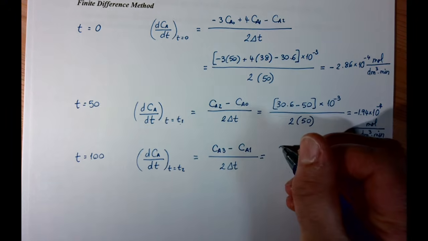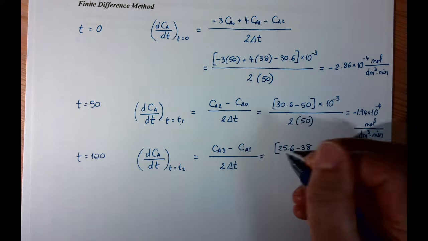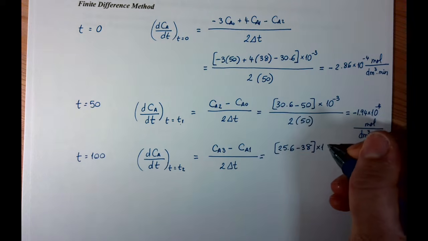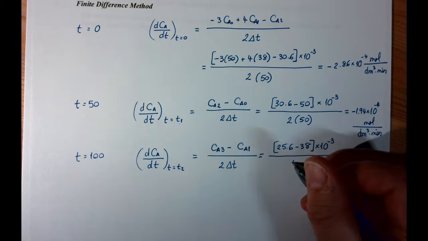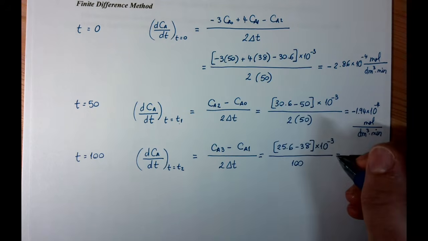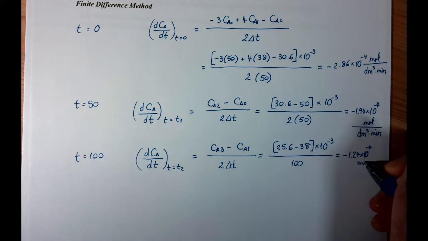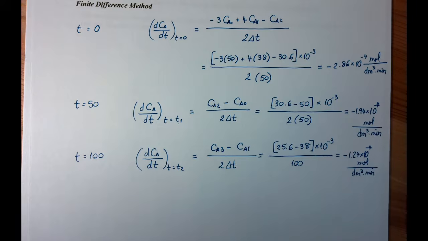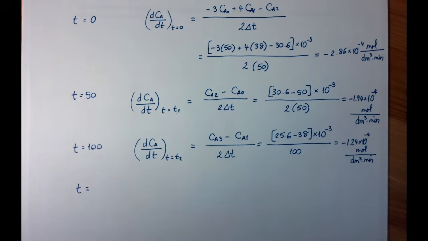And that is going to be 25.6 minus 38, which you can get from the table, times 10 to the negative 3, divided by 2 times 50, which is 100. And this value will be minus 1.24 times 10 to the power of minus 4 moles per cubic decimeter per minute. And you do this for all the points up to 250.